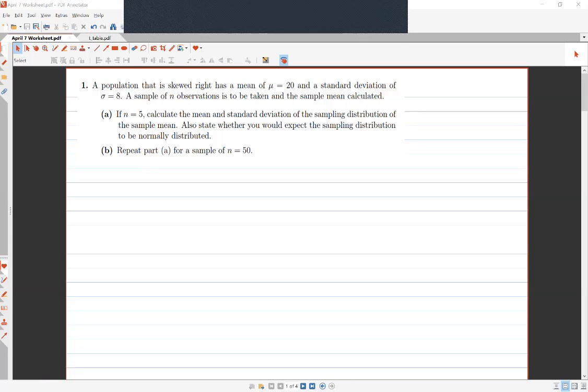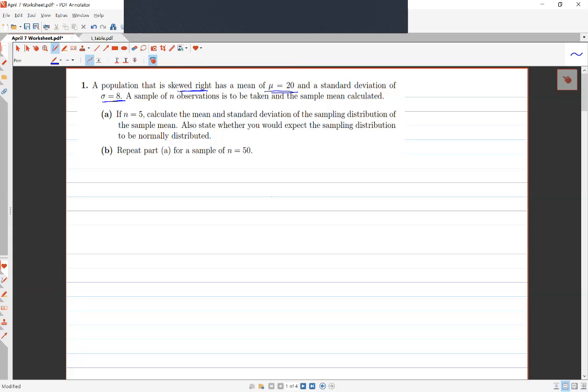So example problem 1 says this population or hypothetical population that we're sampling from is skewed right, has a mean of 20 and has a standard deviation of 8.